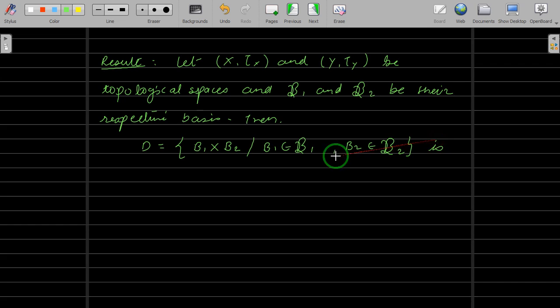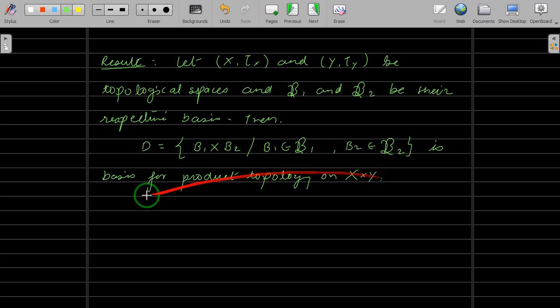So this is a basis for the product topology on X cross Y. As I said, a good exercise. Okay, same thing what we have done.